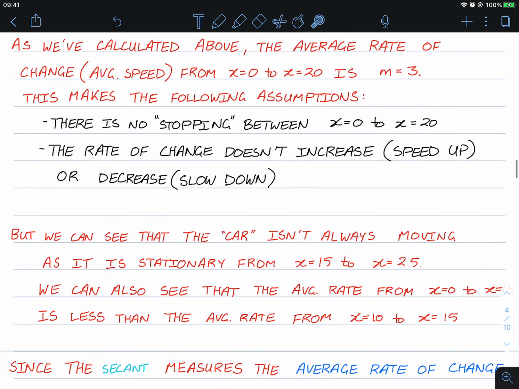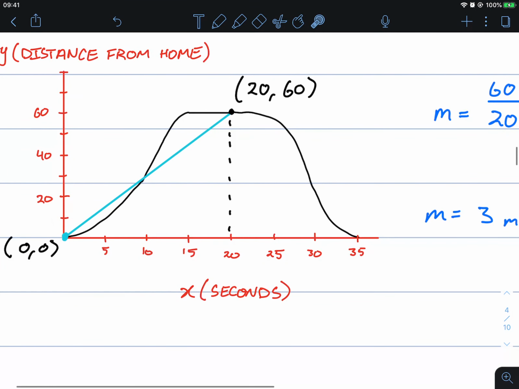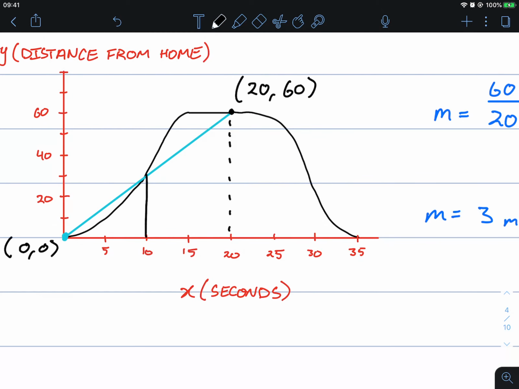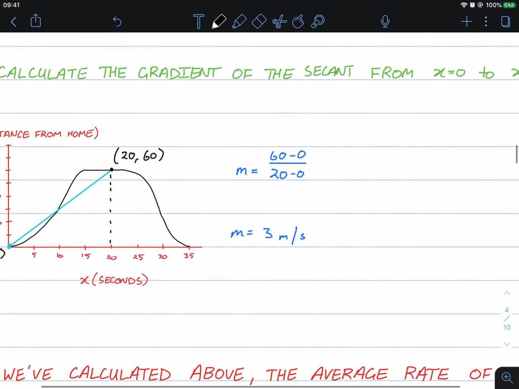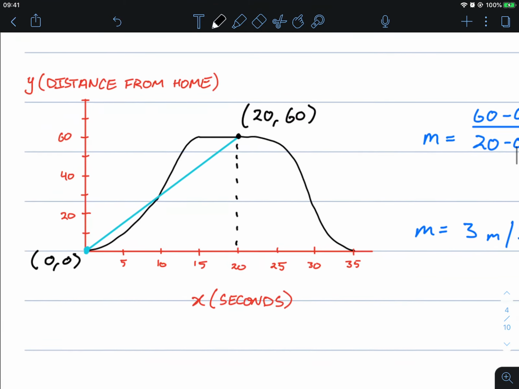We can also see that the average rate from 0 to 10, so if we were to draw a secant, let's do this in black, from 0 to 10, this secant in black is less than the rate from 10 to 15. So let's draw this in.